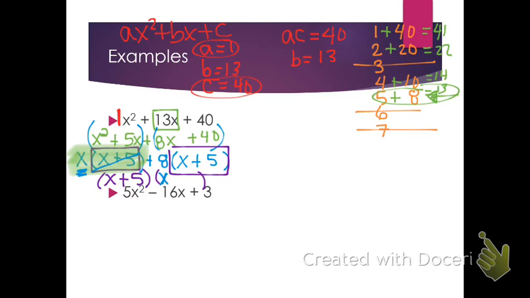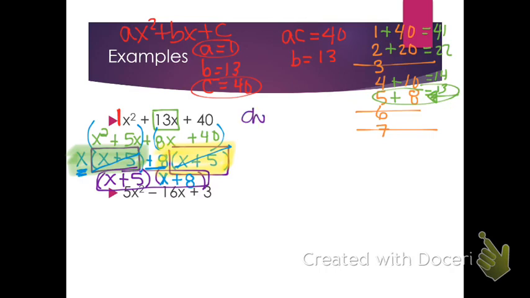And for my second term, when I would factor out the x plus 5, I'd still have an 8 left over. I've got this plus and then the 8. So then here would be a plus 8. So my final solution is that x squared plus 13x plus 40 factors into x plus 5 times x plus 8.